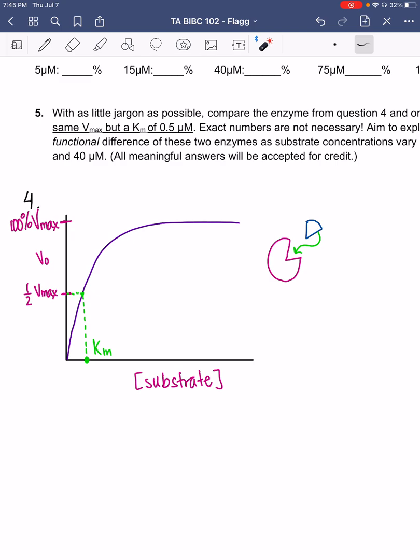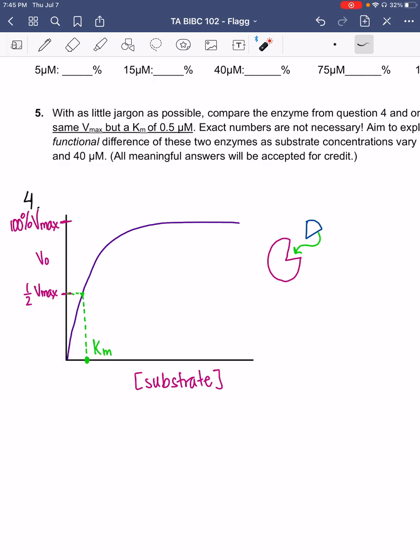Why is that? Because Km tells us how much substrate is needed to get to 1/2 of Vmax, for this enzyme to work at 50% of its maximum velocity. Now let's think about it.